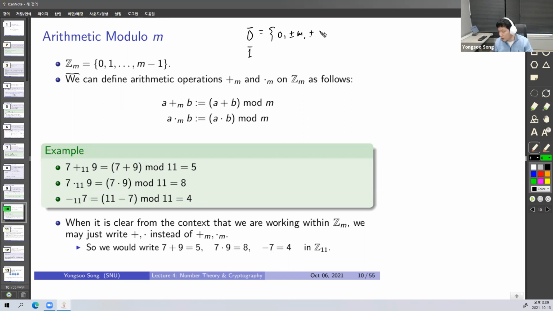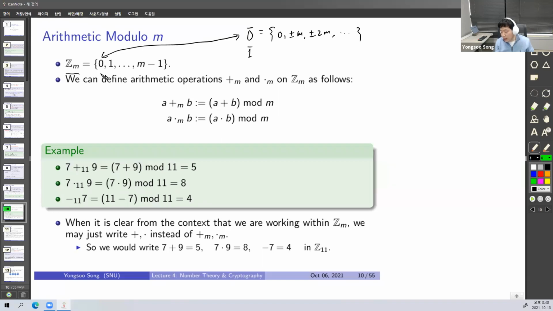This is a set of integers which are congruent to 0 modulo m. Now we don't have this bar notation here, but the intuition behind this notation is that this 0 actually corresponds to this 0 bar congruence class.